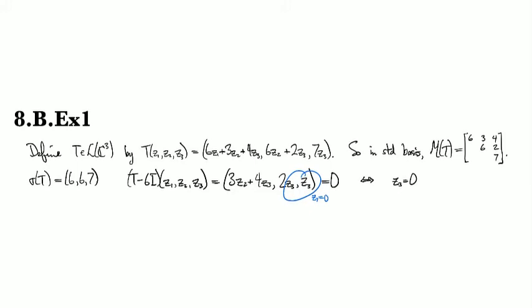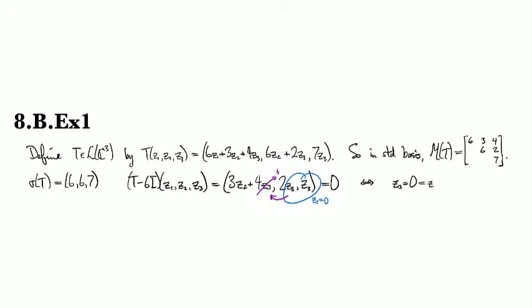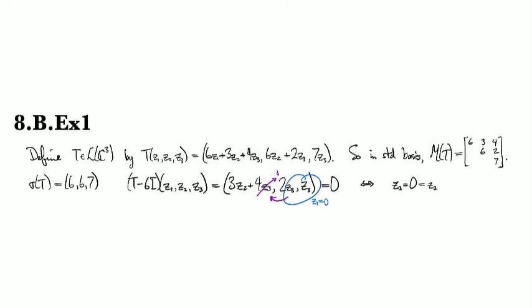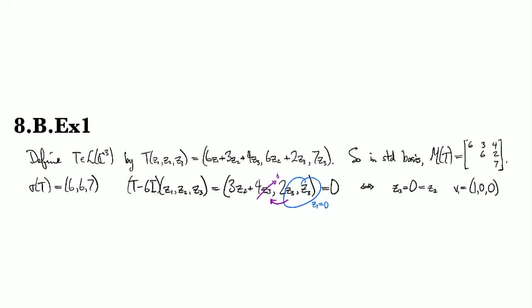And if z3 is equal to 0, then this part here is going to be 0 as well, which tells us that z2 has to be 0. The only thing we don't have a condition on is z1. So the first coordinate can be whatever it wants to be. So we'll just take v1 to be 1, 0, 0. So there's our first eigenvector.